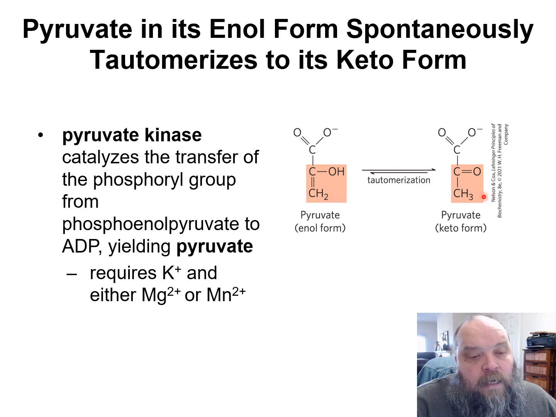Yes, going from the enol to the keto form seems to have a stronger push. Remember we talked about the E naught in the last chapter. It seems to want to go more one way than the other, but it is also reversible, going from the keto back to the enol form.